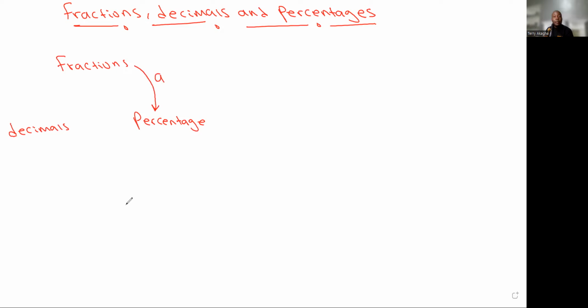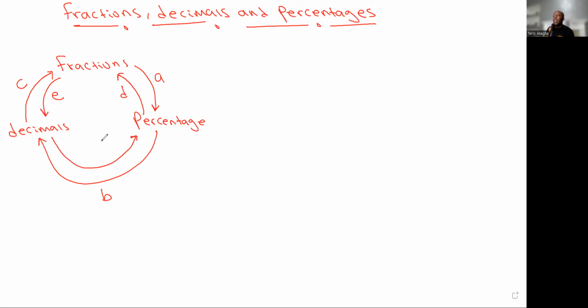Let me call that A. From percentage to decimals, I'll call the operation B. We can also convert from decimals to fractions, which we'll call C. You can also move from percentage to fractions, I'll call that D. From fractions to decimals, you call that E, and decimals to percentage, that is F.